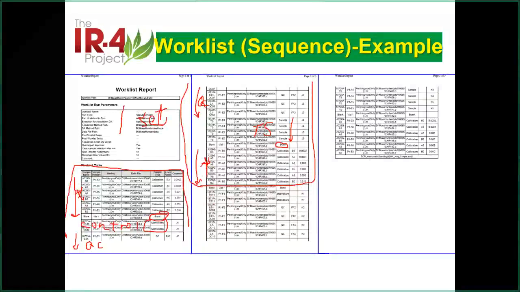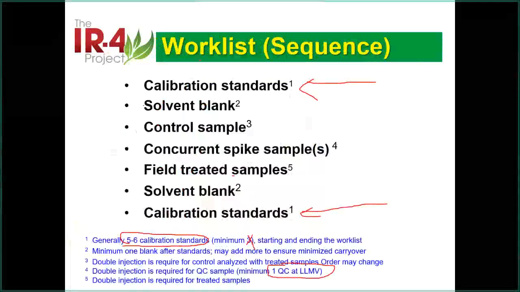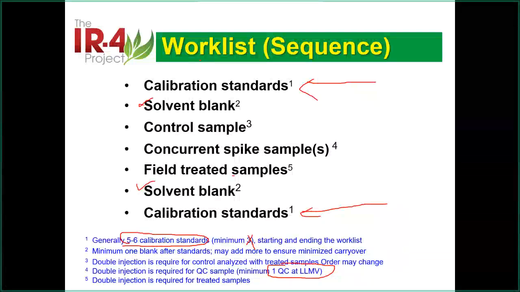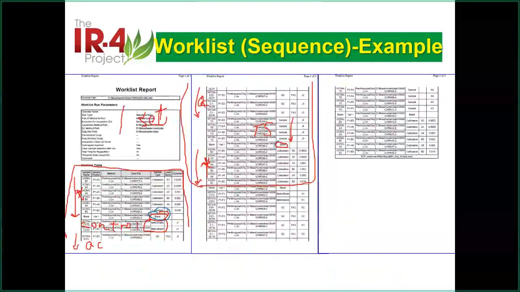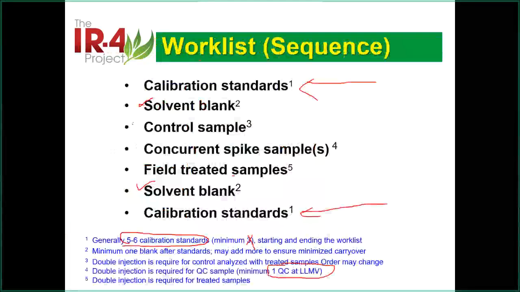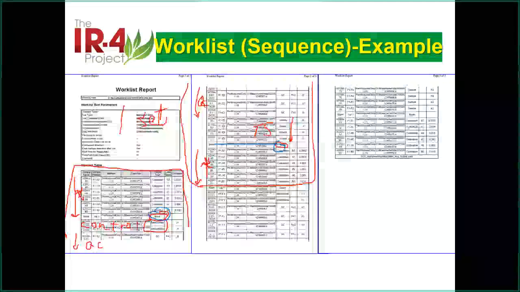So that is good, we don't have a problem. Then we have solvent blank here and solvent blank there. Then we have one control minimum and one concurrent spike minimum, which is QC. So we have one control here, and we have one QC here.